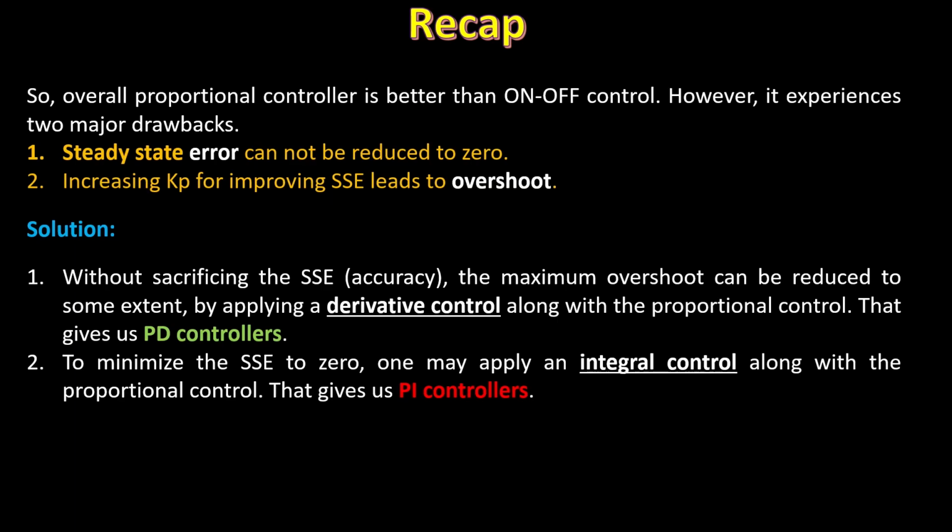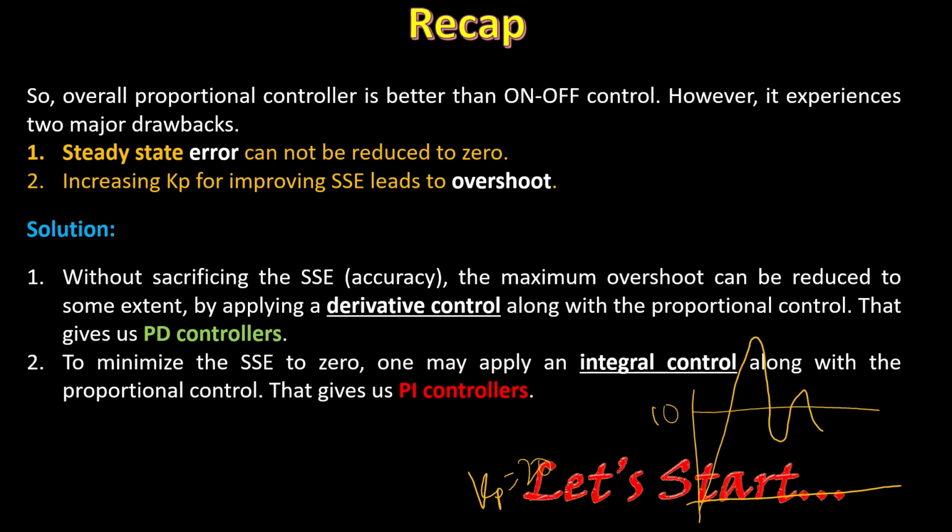Let me show you with this diagram. Suppose this is again a desired value, let's say 10. In case of Kp equal to a very high value, let's say Kp equal to 20, we are getting very high oscillations, and the error is like this. Error is, let's say, 0.05, or 5% error is there.